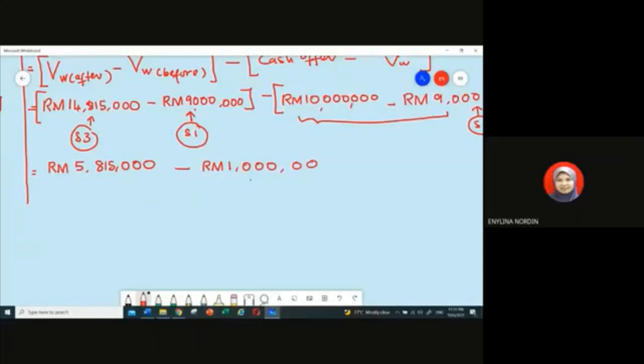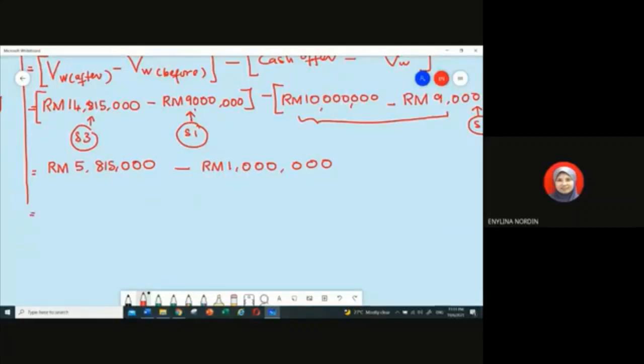This 1 million ringgit will be beneficial to Wangsa Setia, but it will be a cost or disadvantage to Keramat because Keramat has paid the extra amount to the target firm. This premium makes the cost of the acquisition more expensive.